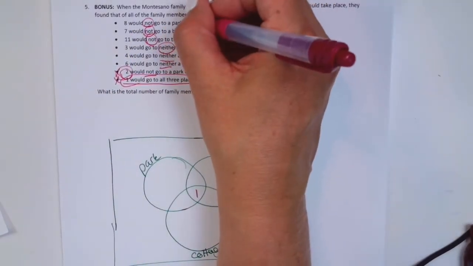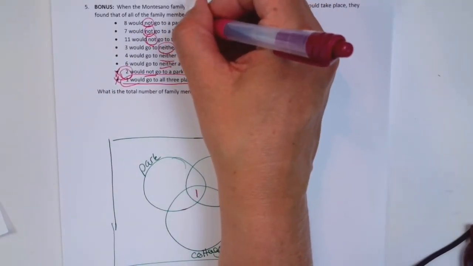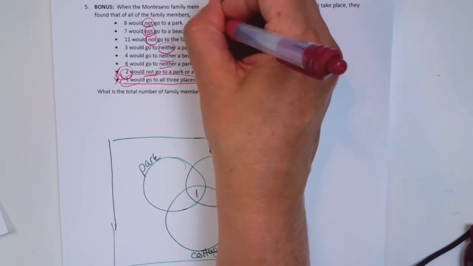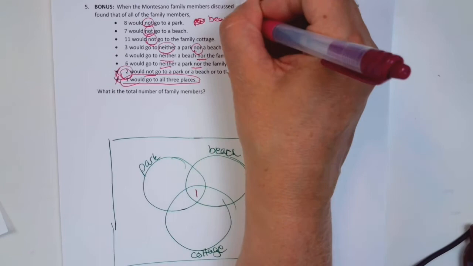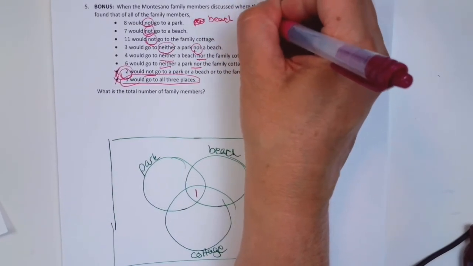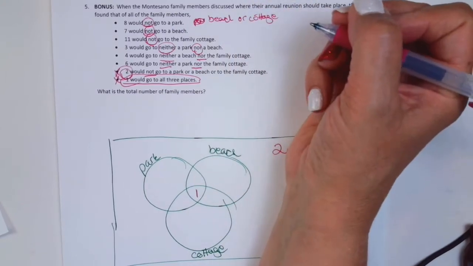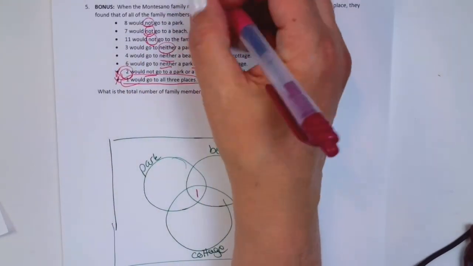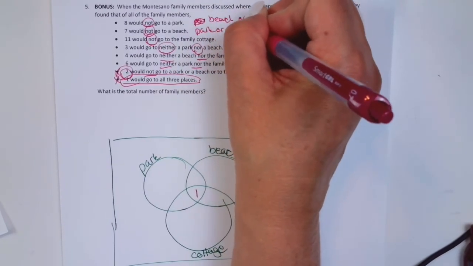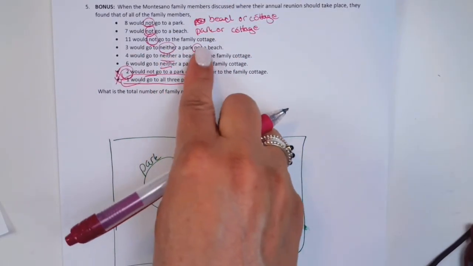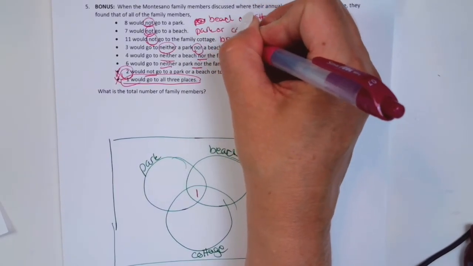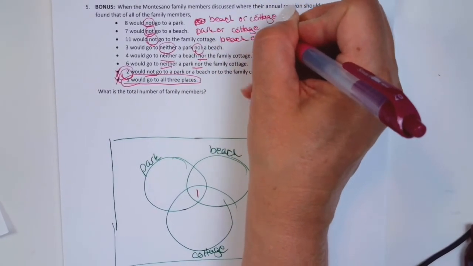So this one would go to the park, beach, or cottage. 7 would not go to a beach, so park or cottage. 11 would not go to the family cottage, so beach or park. Right?